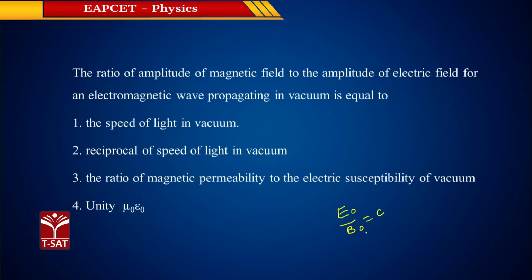But here the ratio of the amplitude of magnetic field to the amplitude of electric field is asked, which is the reverse. Which option is correct? The first option, the speed of light in vacuum, is wrong. The second, the reciprocal of speed of light in vacuum, is the correct answer.